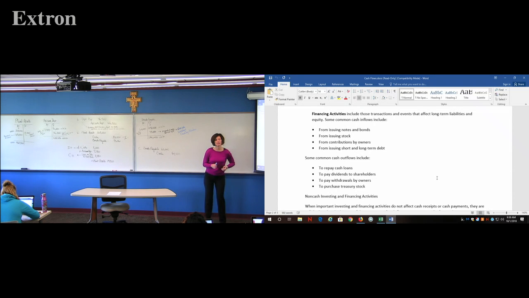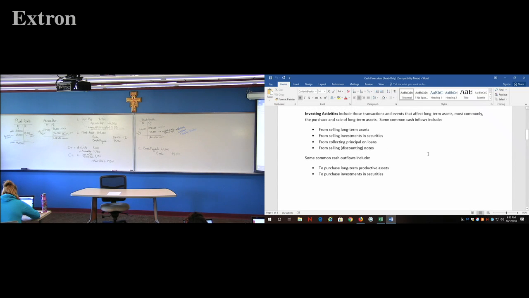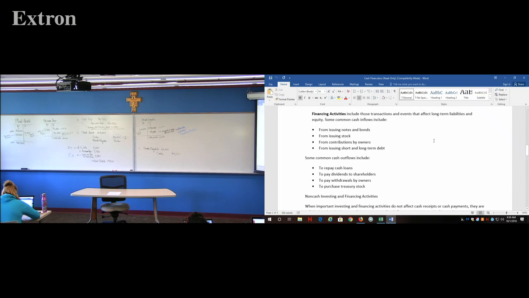Okay, hold on. I want to make sure. Yeah, I don't necessarily have it listed there specifically. I honestly couldn't remember if I did or didn't. However, we have from issuing notes and bonds as a financing activity. So when you repay those, it's also going to be financing. So this $60,000 is going to be.